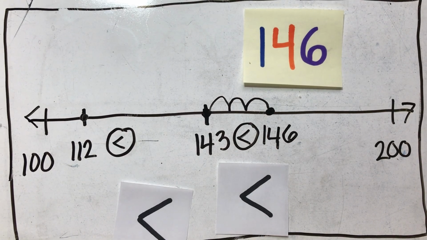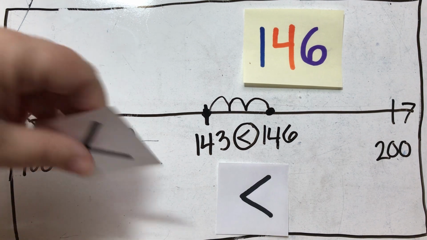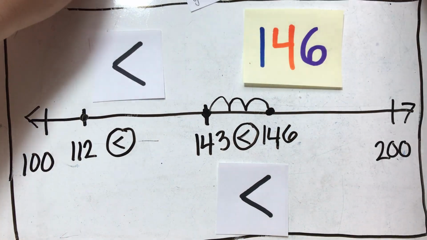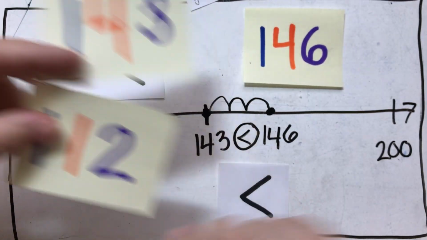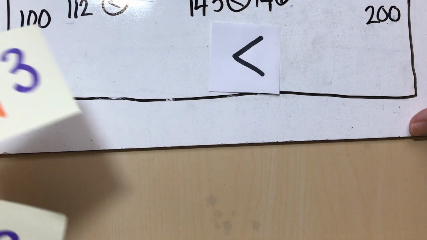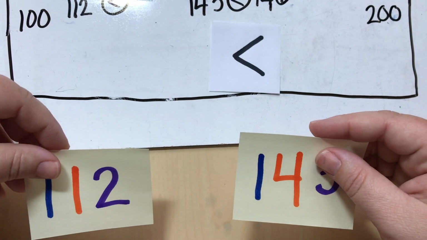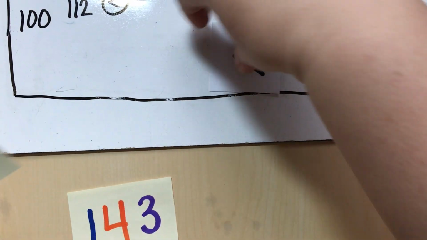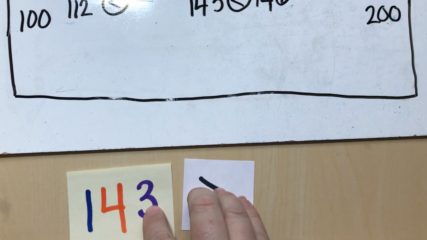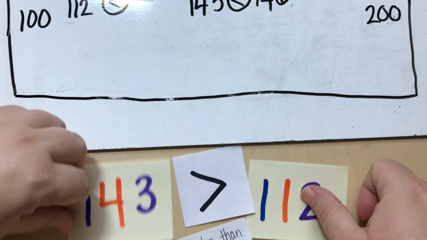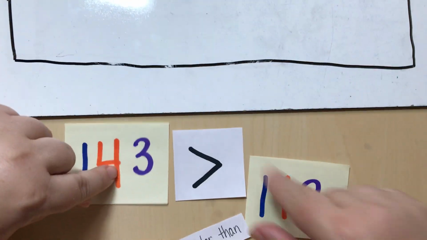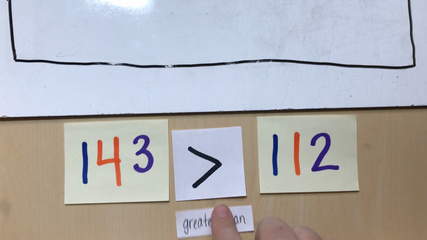We could change this and write or say other equations that include these numbers, which I like to do sometimes, so that we get in the habit of using all of those numbers. We have 112, 143, 146. If we were to say 143 is greater than 112.